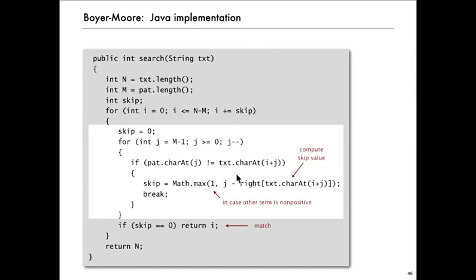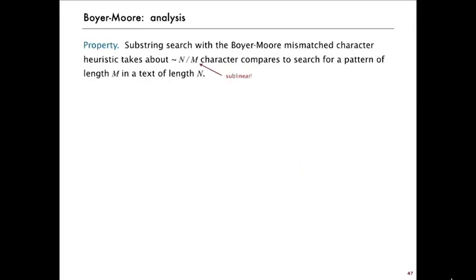It's always going to be at least one, but if this thing is negative, we're not going to back up. That's it. So it's a very simple implementation based on this idea of moving from right to left and skipping over the whole thing if we find a mismatch.